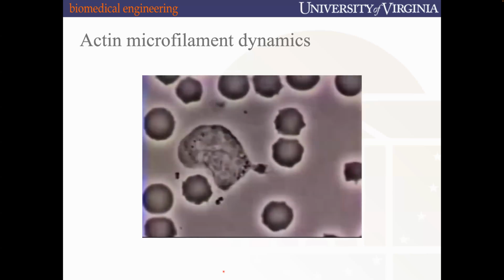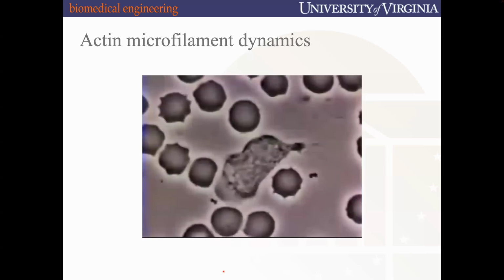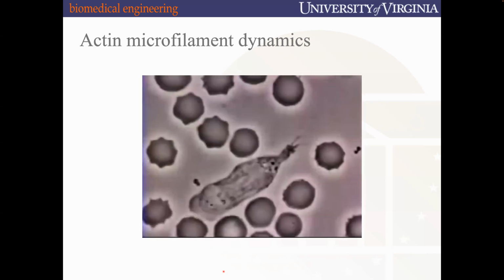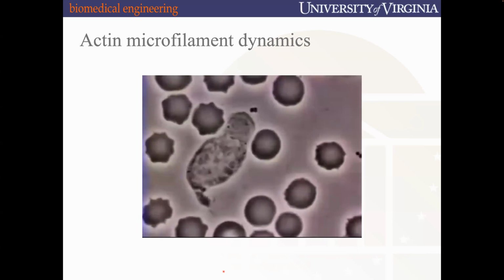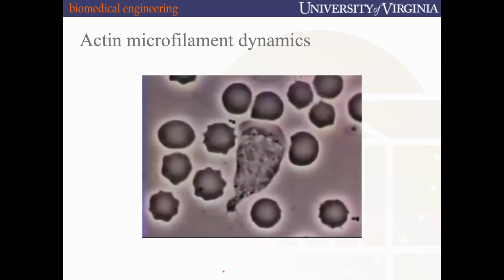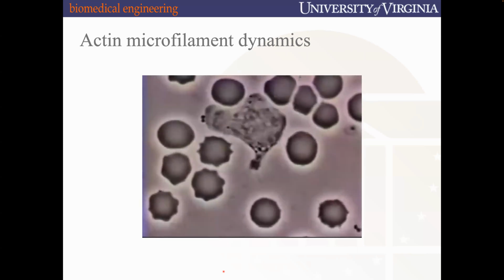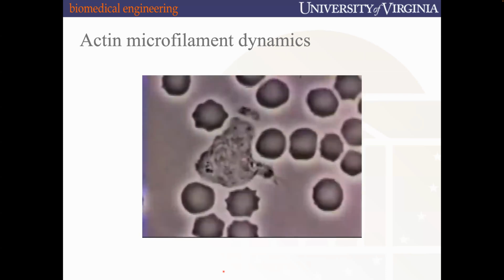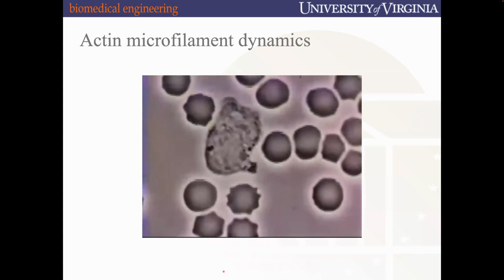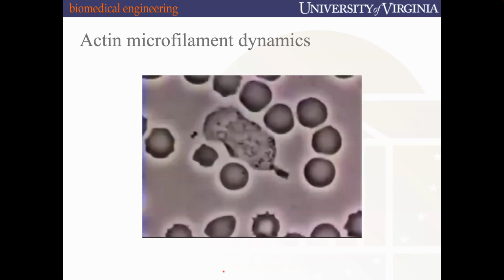So this is just a fun little video of a neutrophil chasing a little bacteria around. And something that you can appreciate from this is the force that the cell is able to exert as it's moving in this appropriate direction. So you can see it's moving these little beads out of the way in order to make it to the bacteria.